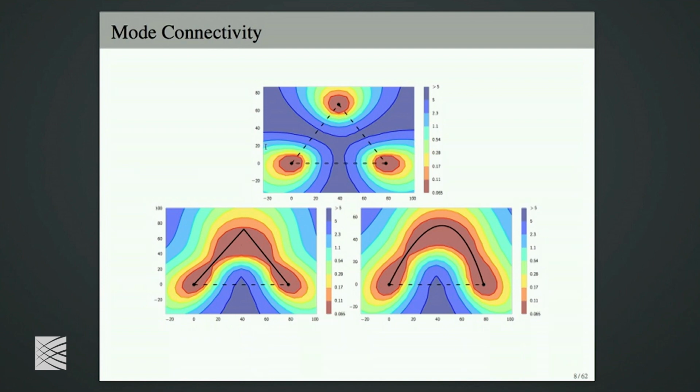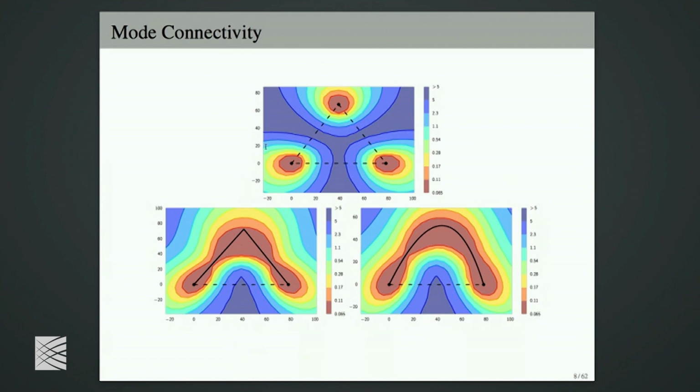However, we showed that you can find subspaces that allow you to walk from one solution to another independently trained solution without really increasing the loss very much along the way. You could never do it with a straight linear path, but you could always do it empirically, it seemed, with a curve as simple as a polygonal chain with a single turning point. So you walk straight in one direction, turn, walk in another direction, and you end up at the other solution discovered by SGD.